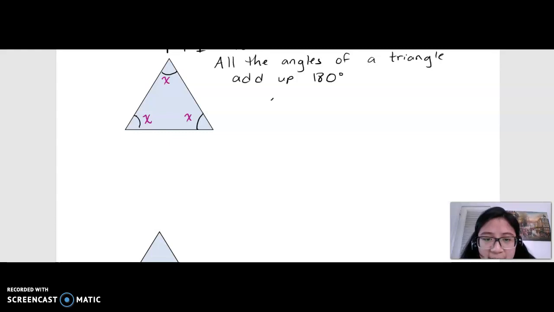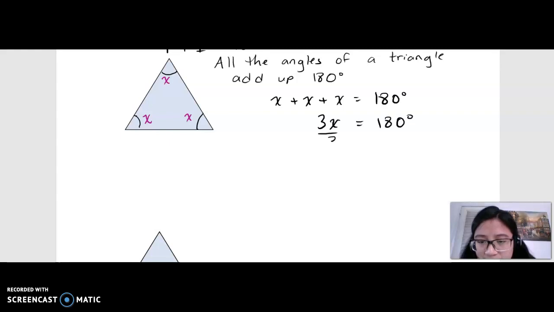So if I set up this problem, and remember all the angles equal 180, I combine like terms. You divide both sides by 3, x is equal to 60. This is just to show you that with any equilateral triangle, all the angles inside should equal 60.